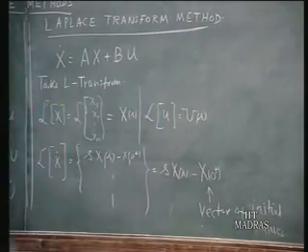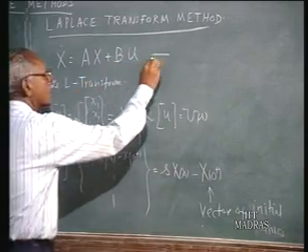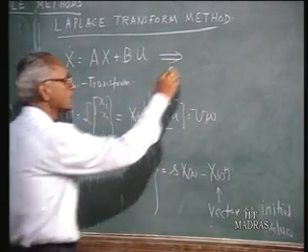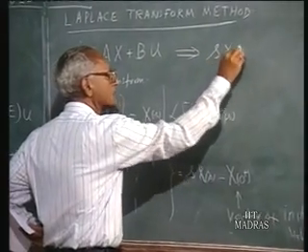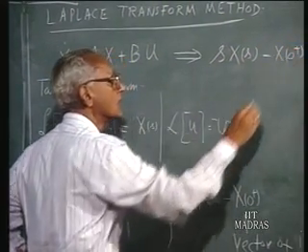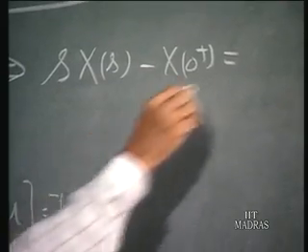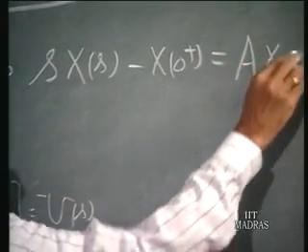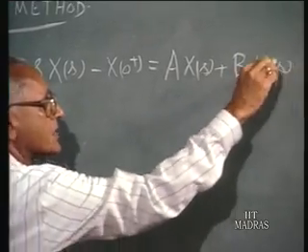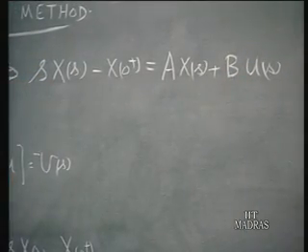After all, that is also a vector. So this entire set of equations in the transform domain will look like sX(s) minus x(0+) equals A times X(s) plus B times U(s). So this is the transformed set of equations.